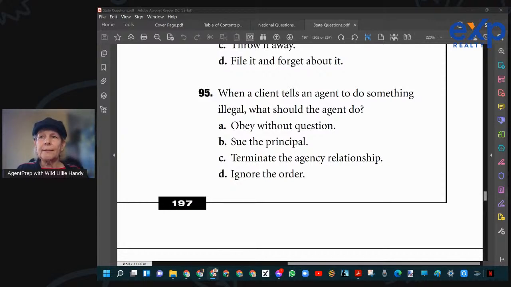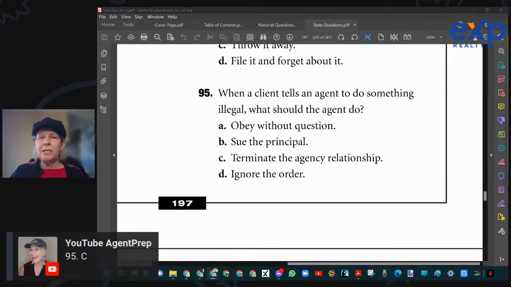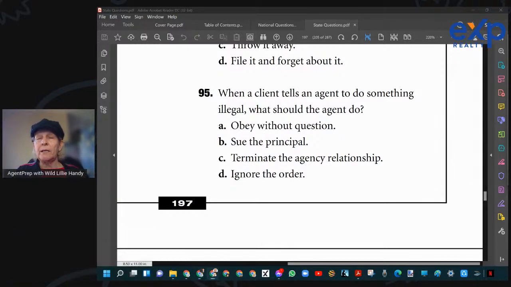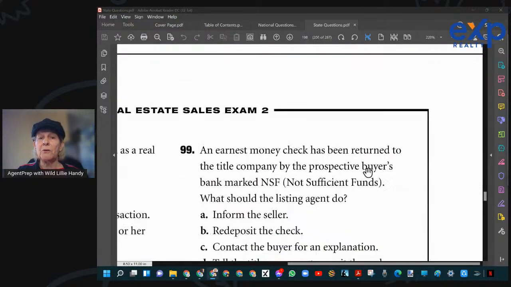That is correct. The answer is 95C, terminate the agency relationship. We are independent contractors, okay? This is our profession. And we don't do anything that could cause losing our license. That's our livelihood. So you terminate the relationship.